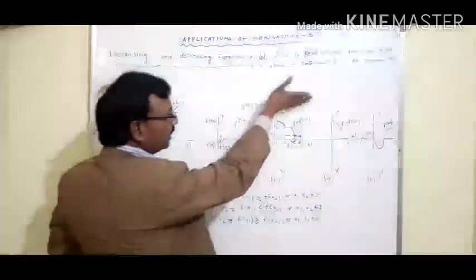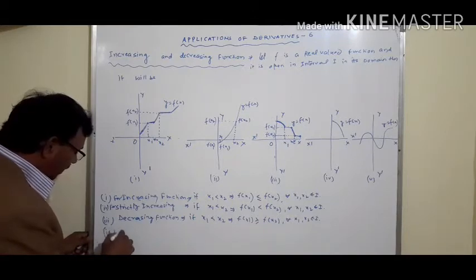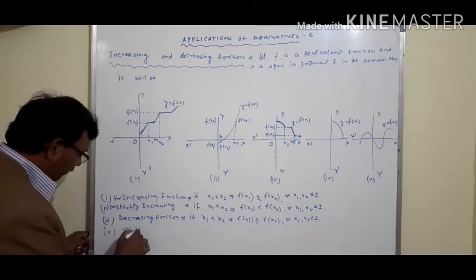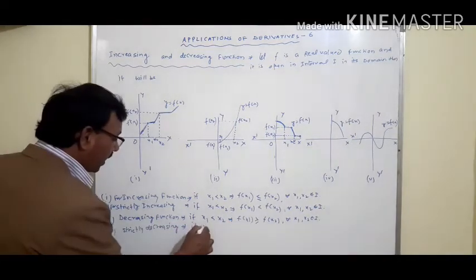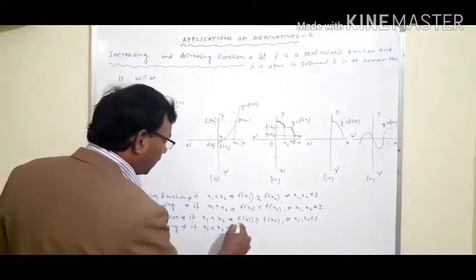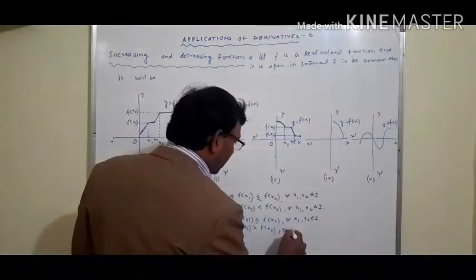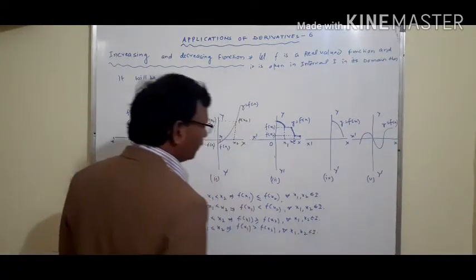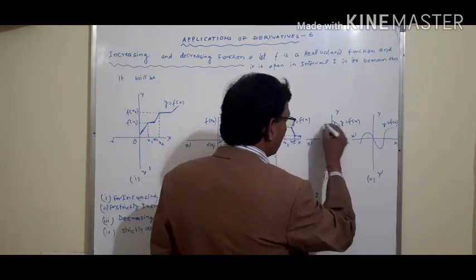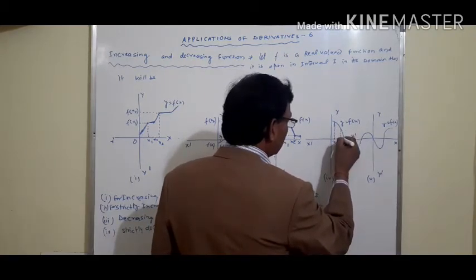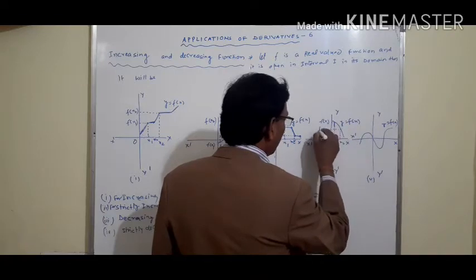Strictly decreasing means decreasing like this. So the fourth condition is the strictly decreasing function: if x1 is less than x2, it implies that f of x1 is greater than f of x2 for all x1 and x2 belonging to I. Now you can check here, the value of the function at x1 is denoted by f of x1 and at x2 by f of x2.